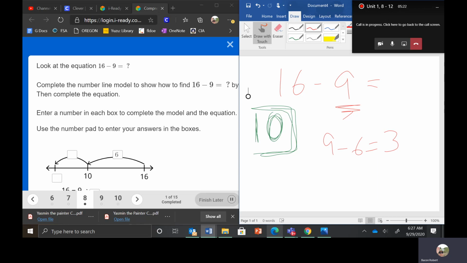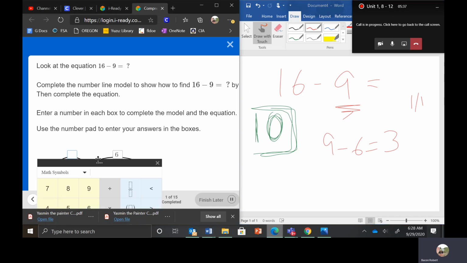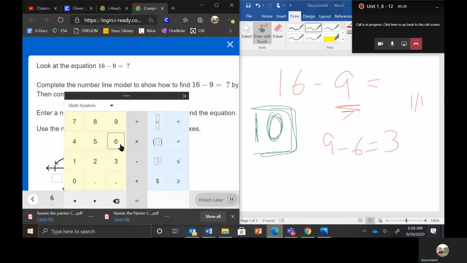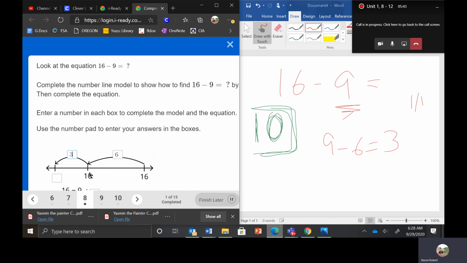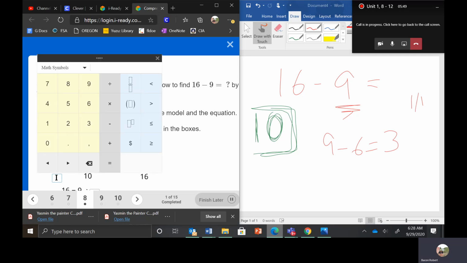And I could do that a couple ways. I could just count up from 6, 7, 8, 9. Or I could draw my slashes and take 6 away. Either way, I'm going to end up with 3. So I know 3 goes here. And that helps me because now it's easy for me to figure out how far 10 take away 3 is down the number line. I can just count backwards, 9, 8, 7.